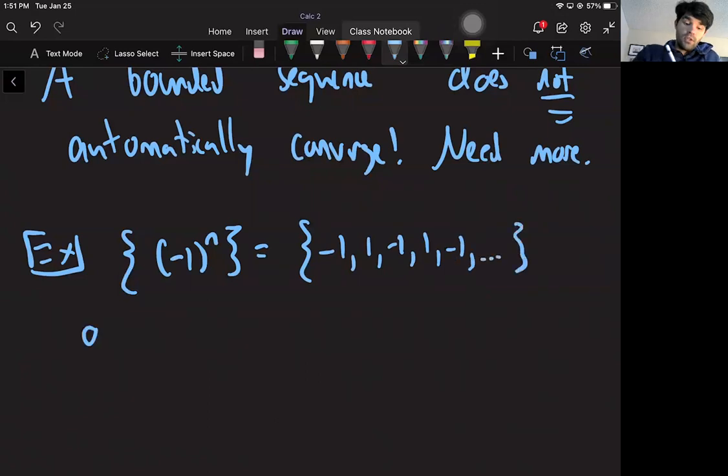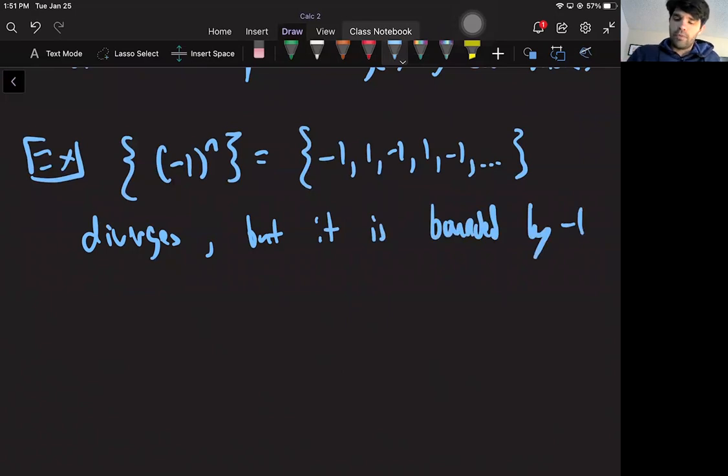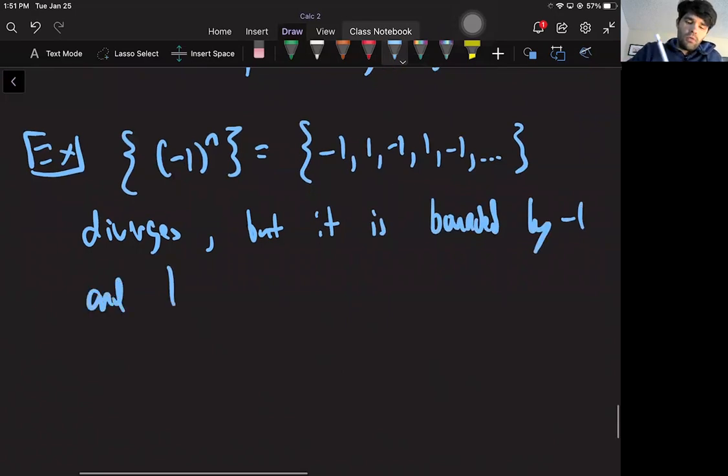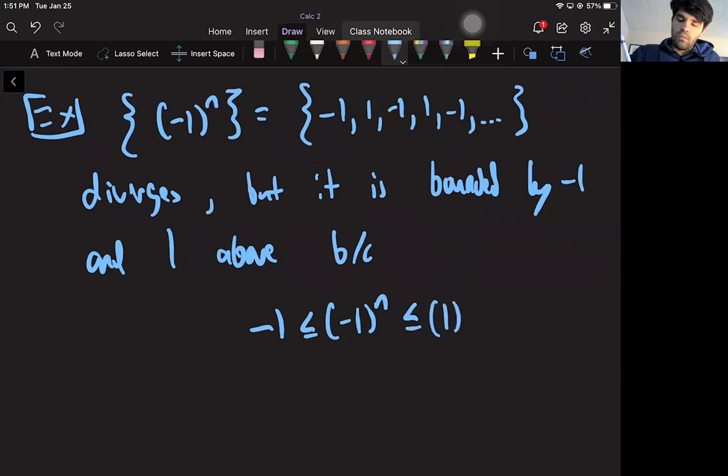So this diverges because it doesn't go towards a specific number, but it is bounded by -1 from below and 1 from above, because you could say -1 is less than or equal to all the terms, and that's less than or equal to 1.